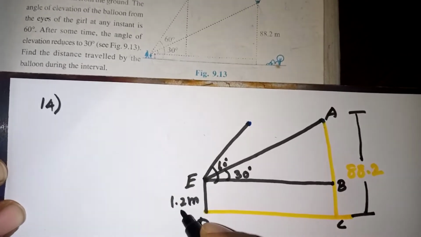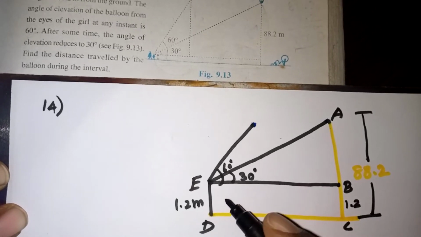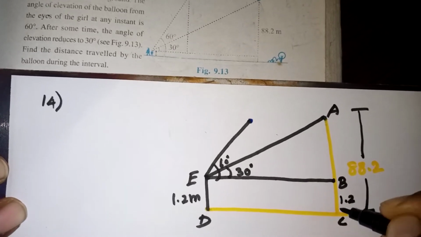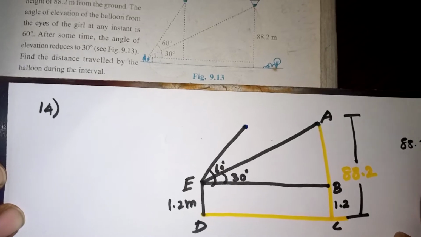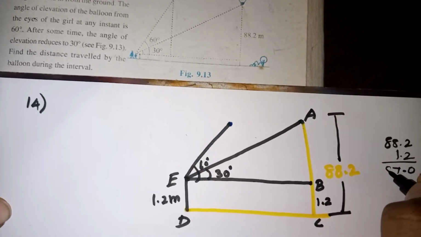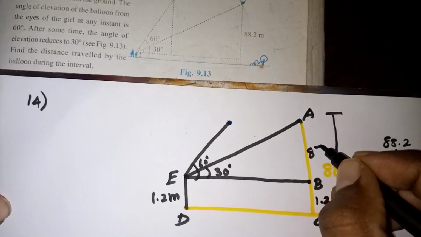Here ED is 1.2, so definitely BC is also 1.2, the height of that girl. Now we need to find AB, so we subtract 1.2 from 88.2. We get 87. So the height AB is 87 only.